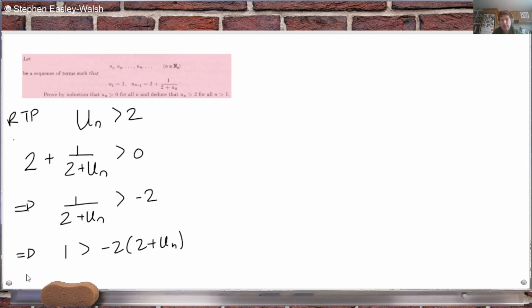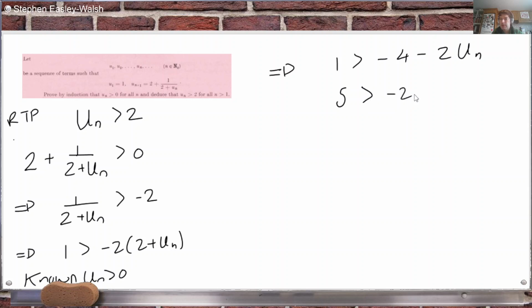And we're allowed to do this because we know that UN is positive. So we don't have to worry about flipping the inequality around. That's convenient because otherwise we'd have to make a quadratic. So that's 1 we know is more than minus 4 minus 2 UN. So that's 5 is more than minus 2 UN.